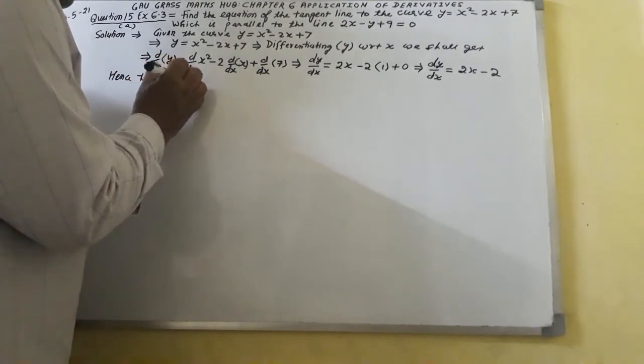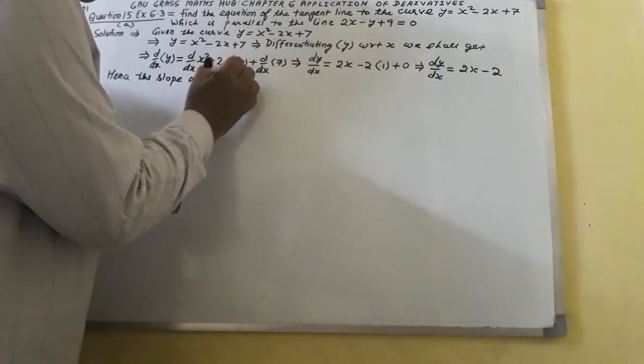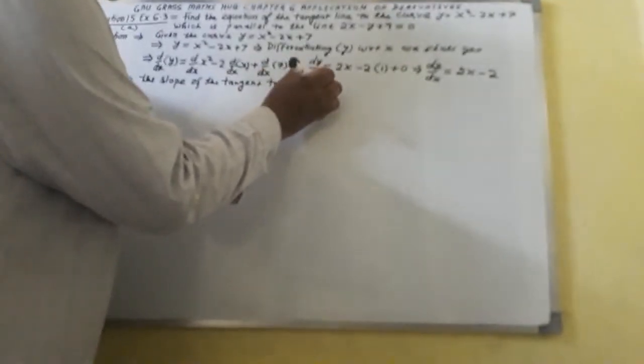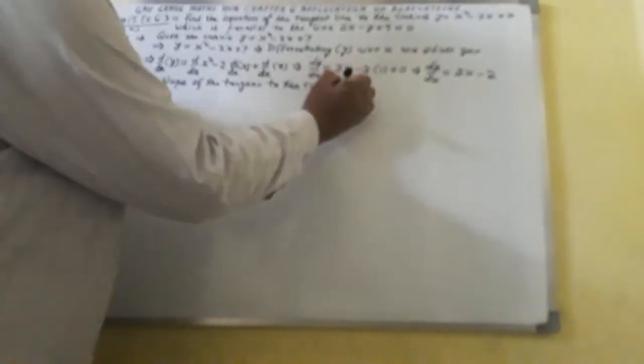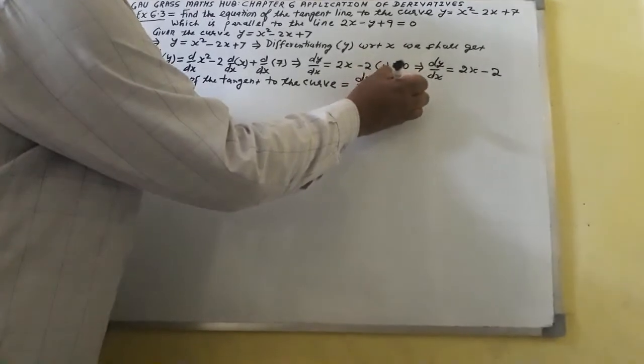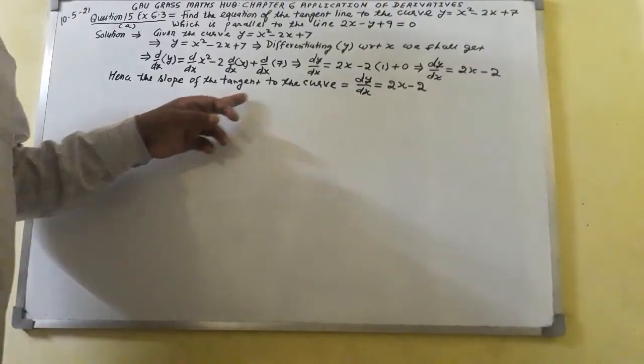Hence the slope of the tangent to the curve is equal to dy over dx equal to 2x minus 2.